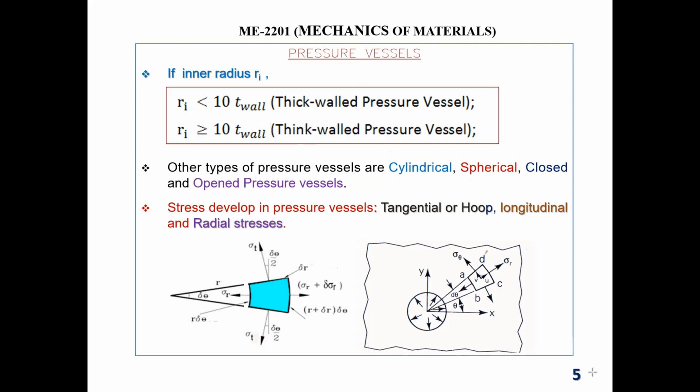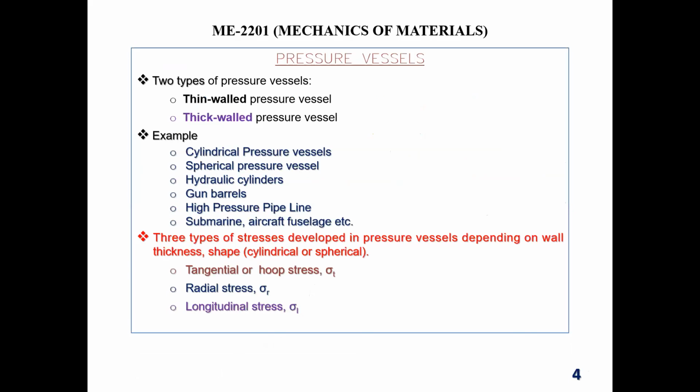Now we need to know how a pressure vessel fails. What are the reasons, or what are the stresses inside? A pressure vessel normally experiences three types of stress. Number one is sigma T. From the name, you might say it is tensile, but it is called tangential stress.